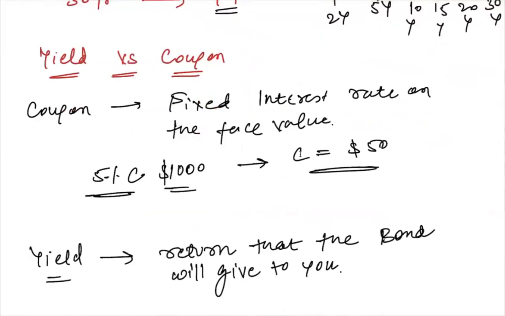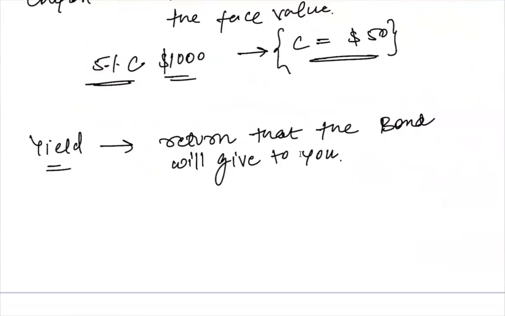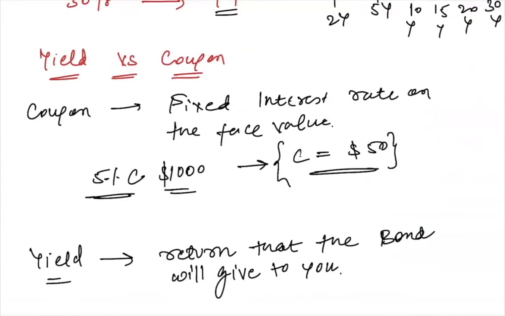And this coupon tells you how much money you will get. So this basically tells the income that you will get, but return is how much return you will get. Again, this can be a 5% coupon, it can be a 10% coupon on a bond of $1,000, so here your coupon will be 100.